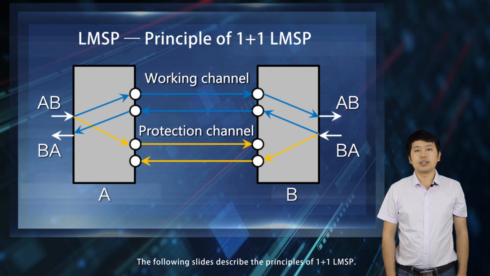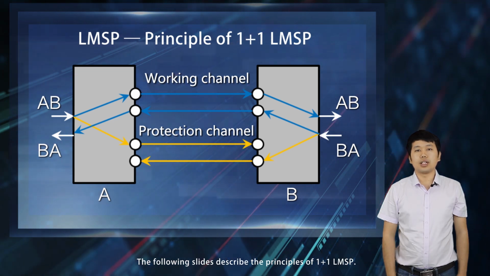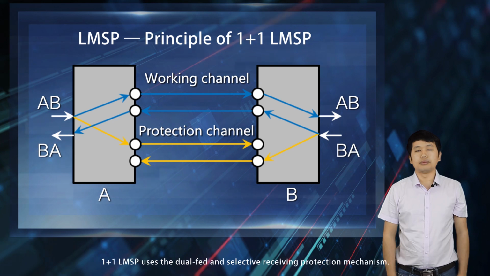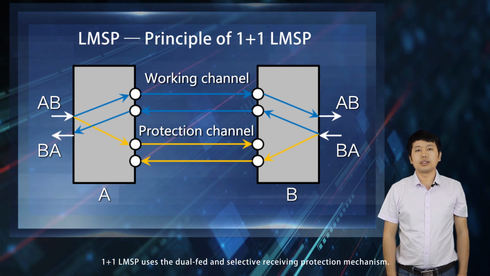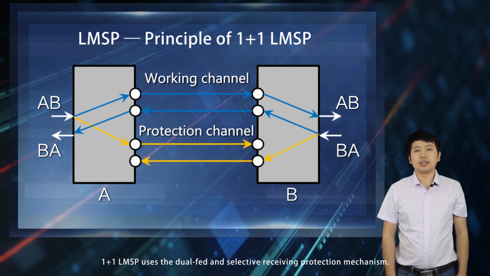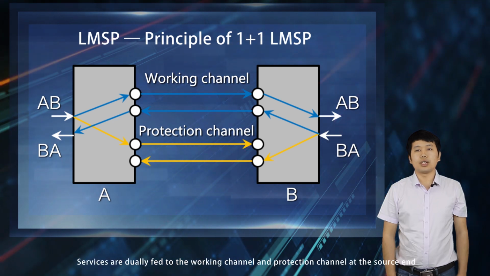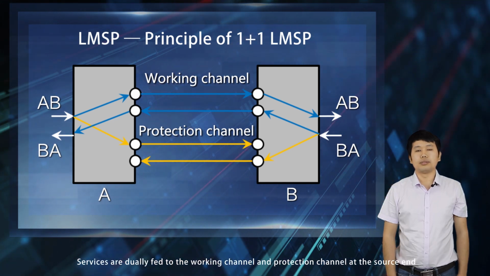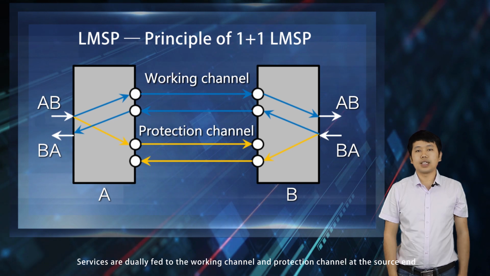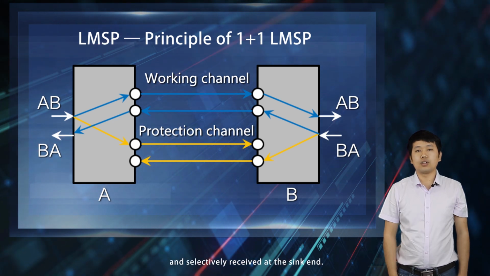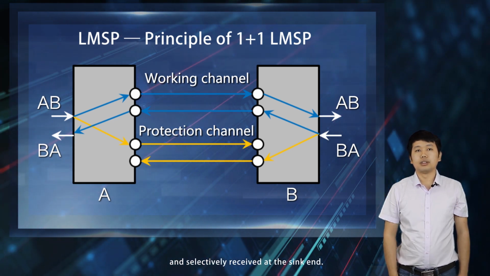The following slides describe the principles of 1+1 LMSP. 1+1 LMSP uses the dual-fed and selective receiving protection mechanism. Services are dually fed to the working channel and protection channel at the source end and selectively received at the sink end.